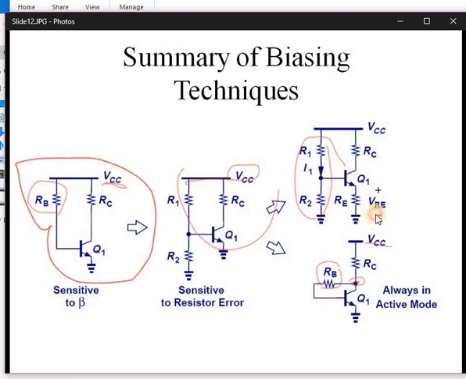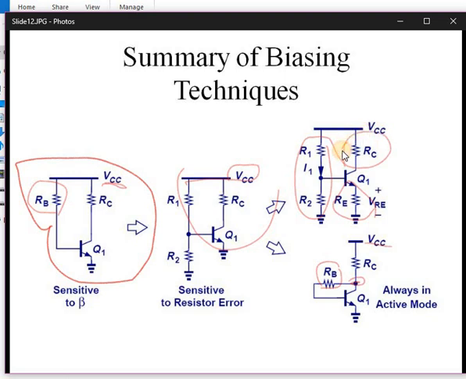Here the resistor RE provides the stabilization, and at the same time it provides the feedback path for both AC and DC circuits. Here the collector resistor is RC.